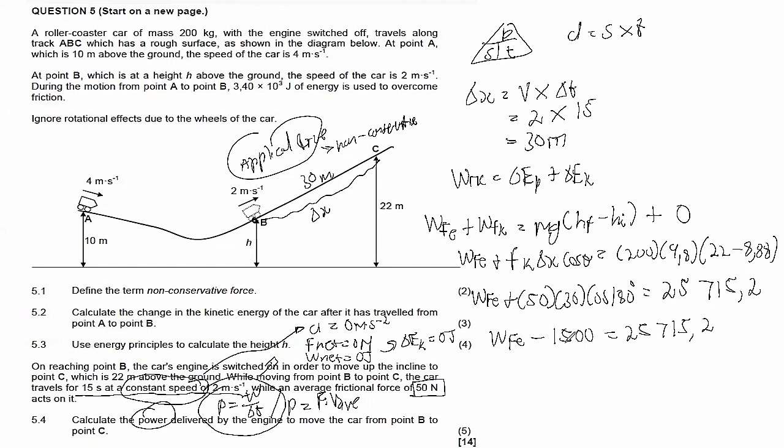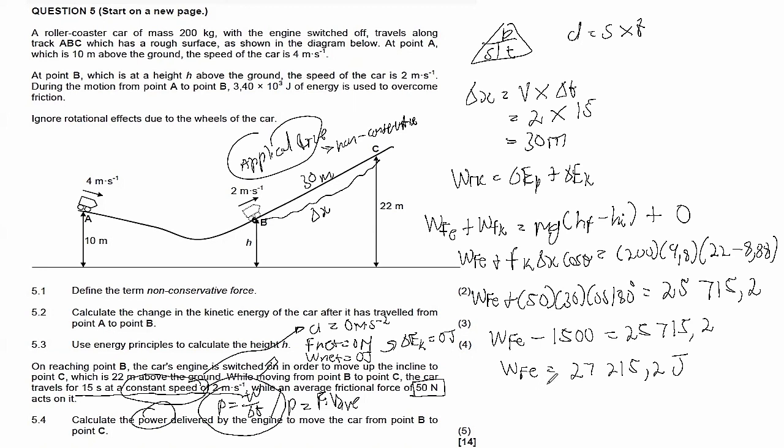Let's take the negative 1,500 and transpose it over to that side. If we transpose it, it adds to that and gives us 27,215.2 joules.